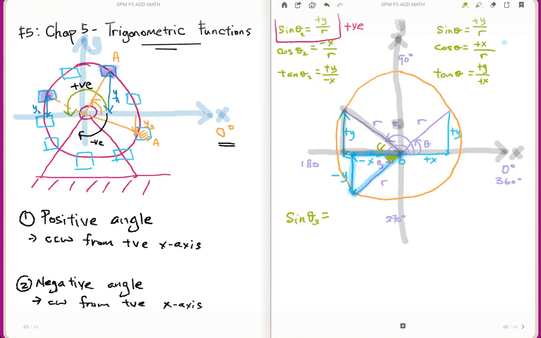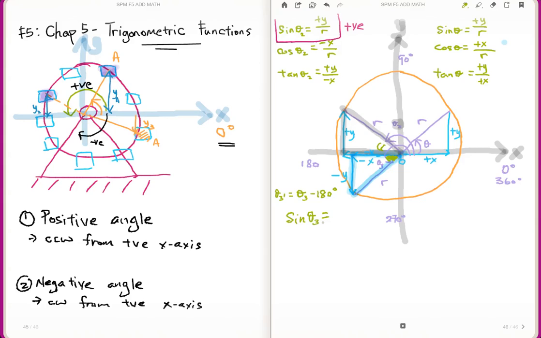You need to use theta 3 prime, which is theta 3 minus 180, so that you get a smaller angle.